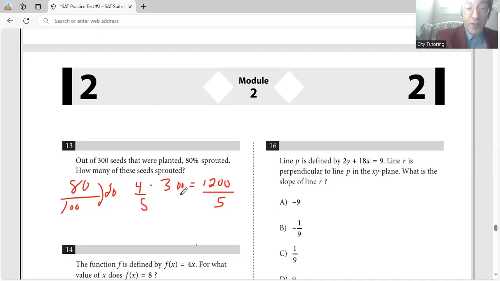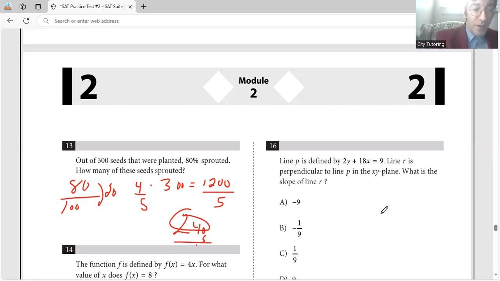Well, I know 200 times 5 is 1000, so it has to be 240. 240 times 5 is going to give me 1200 for sure. So 240.